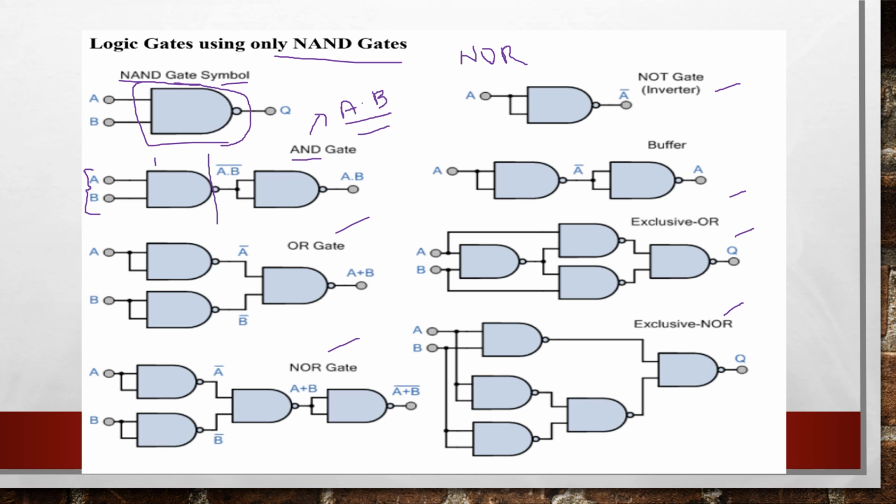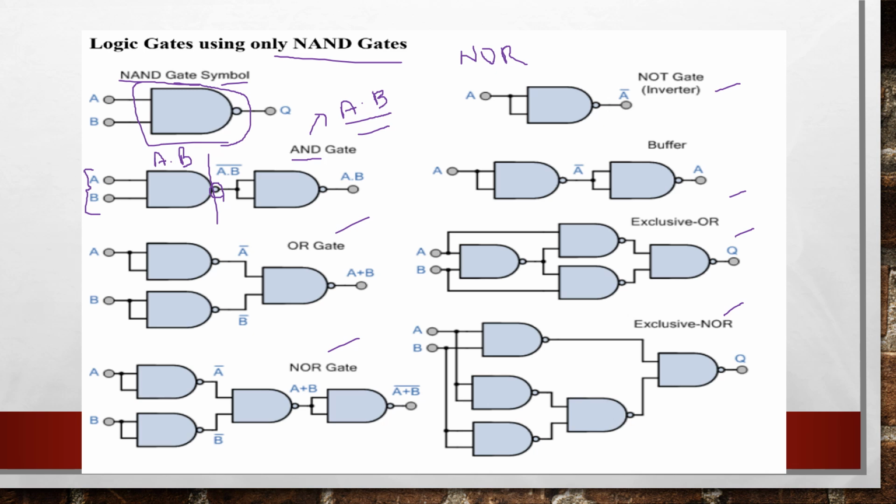The output will be A dot B bar. After that there is a bubble, which means inversion. Then A dot B bar is passed to another NAND gate whose inputs are tied together.